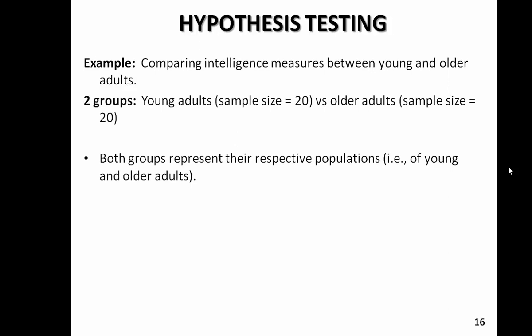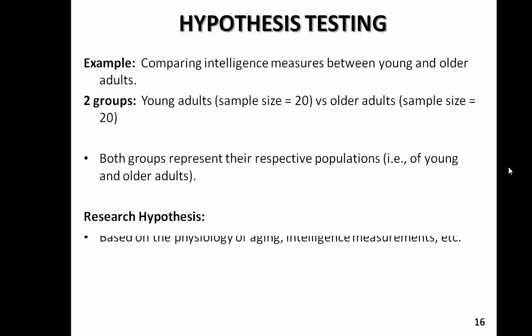By extending this study, with both groups representing their respective populations, we would generate a research hypothesis. The generation of a research hypothesis will depend upon various factors related to the research question, such as the physiology or neuroscience related to aging and the validity of intelligence measurements.